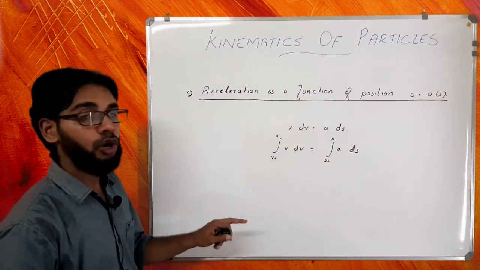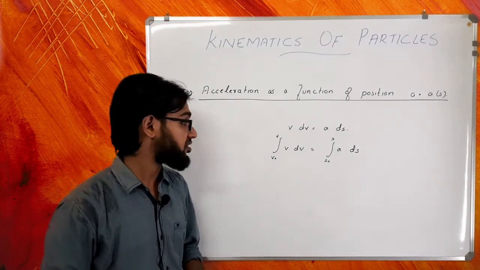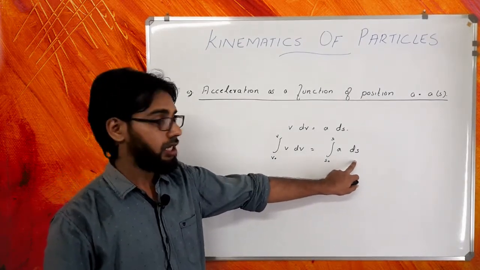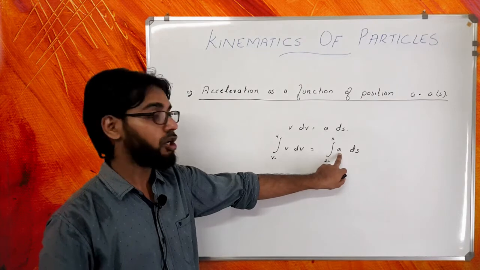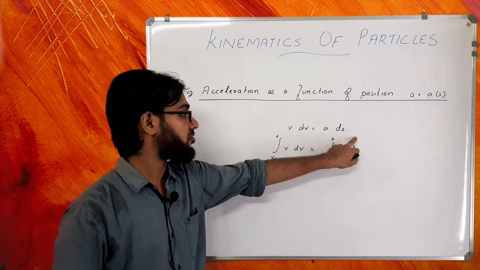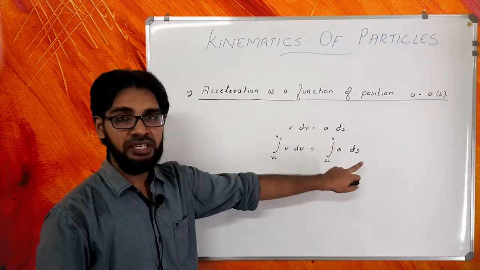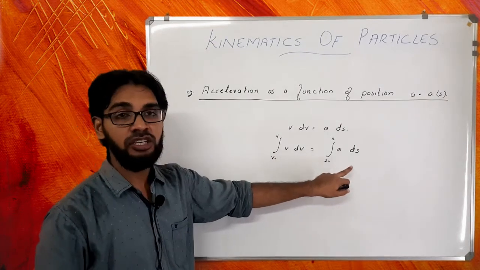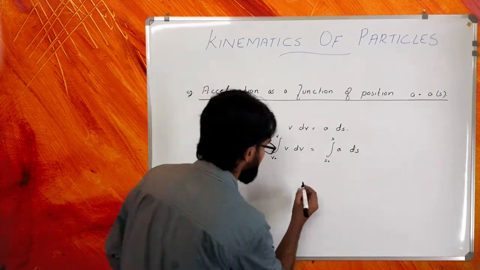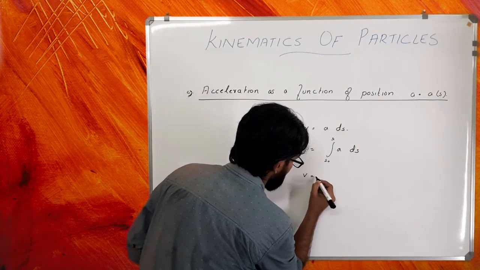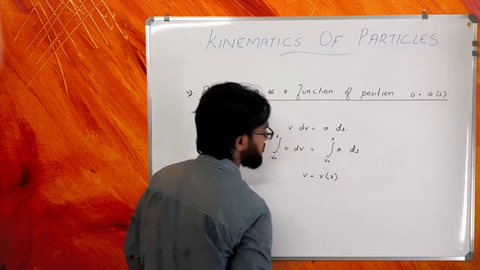So here we obtain velocity as a function of position. Now a is actually a function of position, so together this becomes a function of position. When you integrate it, we will get velocity as a function of position. So here we get v as a function of position, v of s.